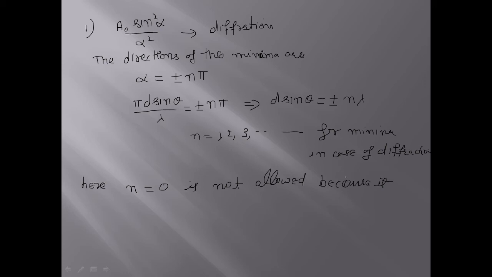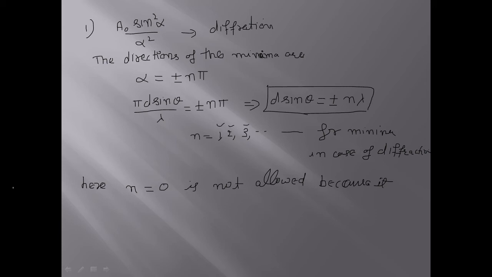So in this equation, the value of n equal to 0 is not allowed. Here the values start from n is 1, 2, 3 and so on.